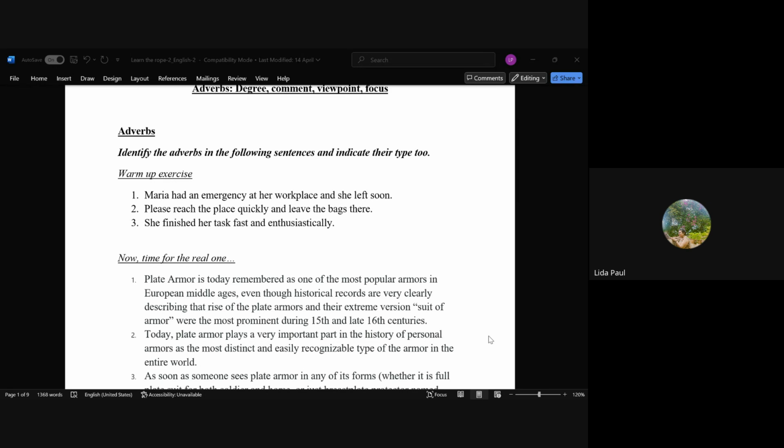So in English 2, if you've got a chance to look at the whole of the syllabus, you will see that there are several modules in writing. And all of these elements, particularly the adverbs of comment, viewpoint, focus, degree, are very, very important in stance taking and stance writing, which is very important in reflective essays or when you're writing a statement of purpose or when you're writing a CV, right?